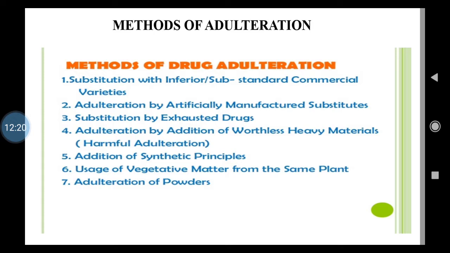Then usage of vegetative matter accumulated from the same plant. Although these other parts of the plant do not have a therapeutic effect, they are still incorporated along with the original drug. And the last one is adulteration of powders. So one by one we will see now.